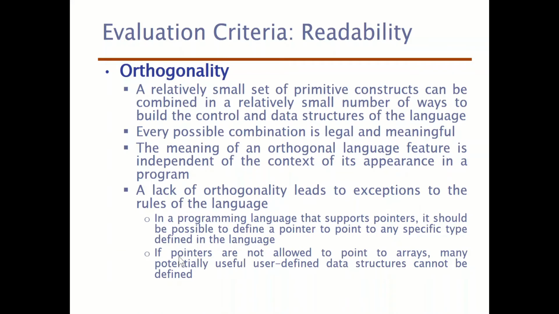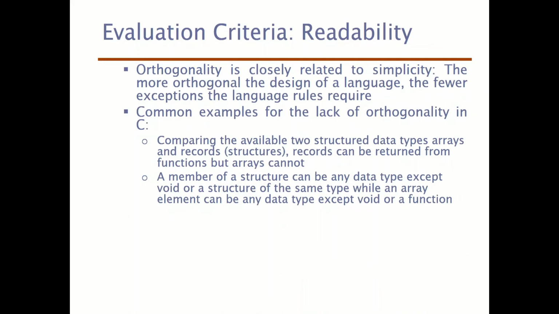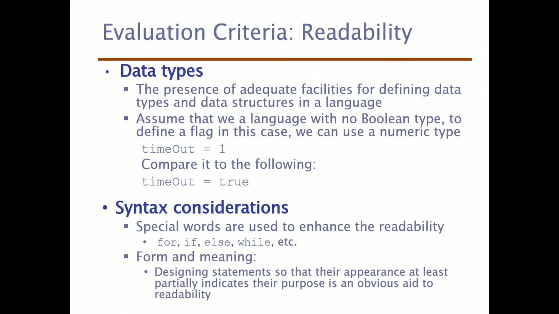Then also this is a lack of orthogonality, because they are supposed to point to whatever is designed as a data type, including themselves maybe, or arrays also. So that could be a question. Okay, I'm telling you about the type of questions I'm asking. Why? So that you don't get shocked during the exam or the quiz. Actually, we will have quizzes, so you don't have to worry, and you will see these questions and you'll be familiar with them. However, it's good to know from now what type of questions I'm going to ask.